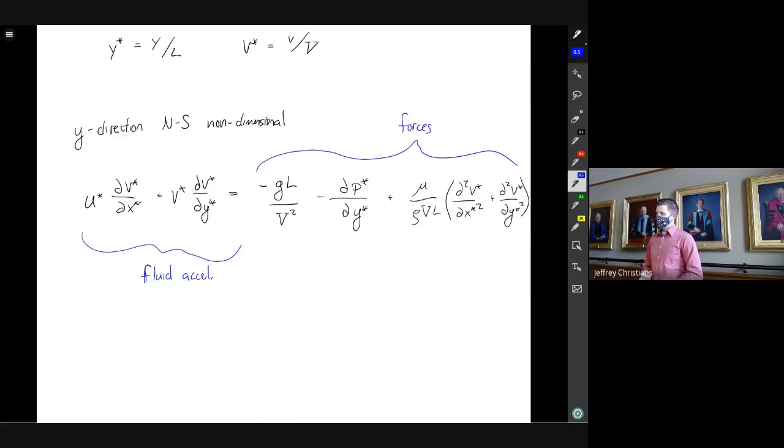And we can use this to ask, how do we know if gravity is important? Well, it's not that gravity is important if g is big. Gravity is important if this collection of variables is big. So gravity is not its own thing living in its own land by itself.